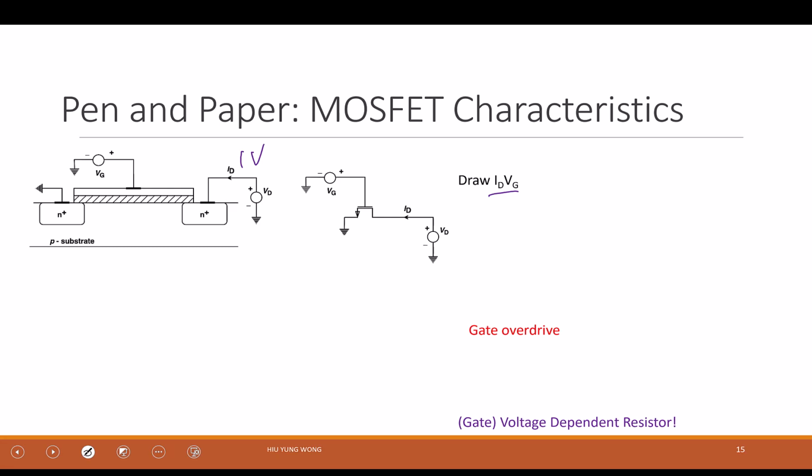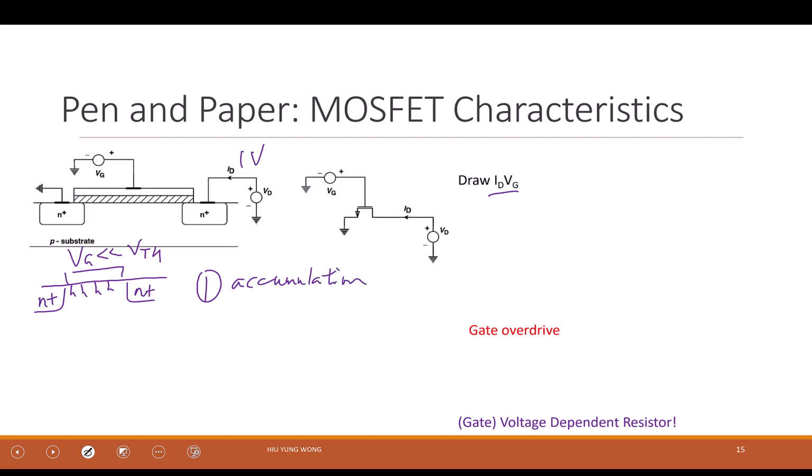So let me repeat what I said earlier. When my VG is much, much smaller than VTH, it's going to attract what? So in this case, it is in the accumulation mode.